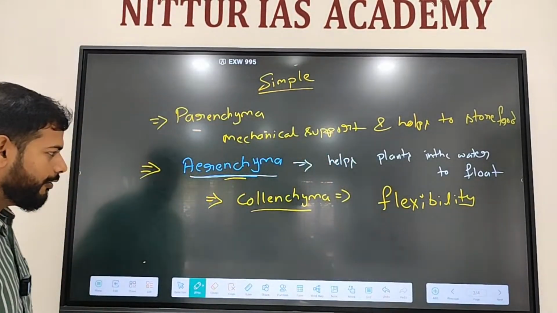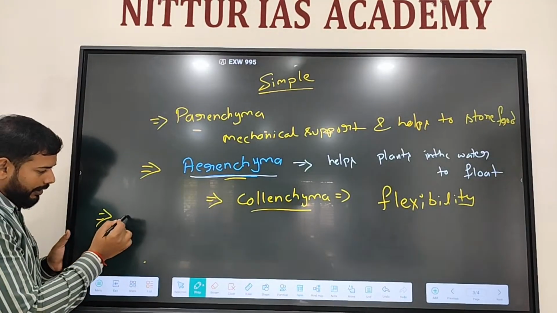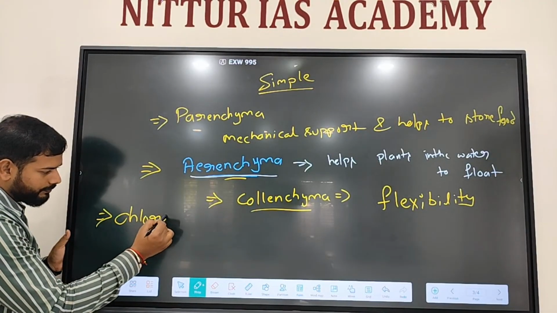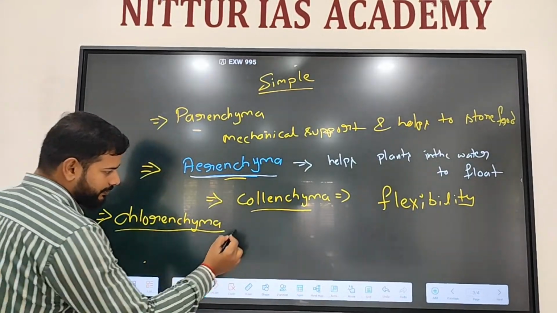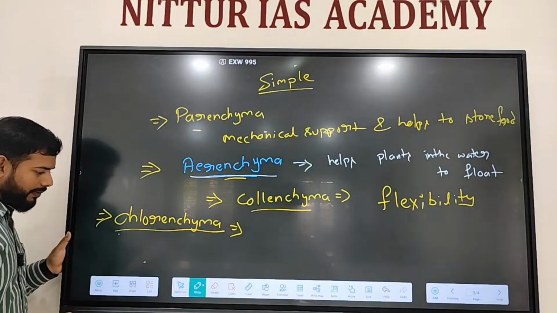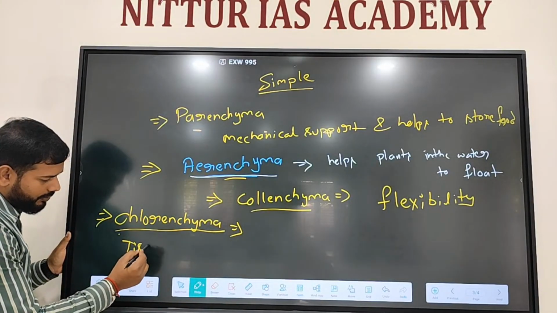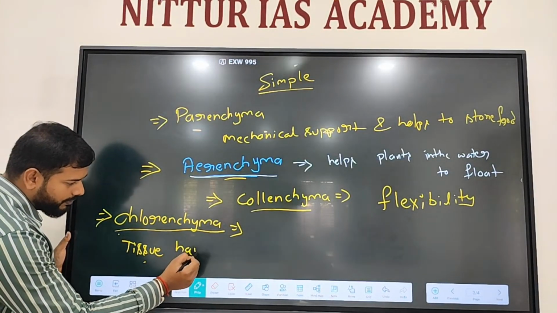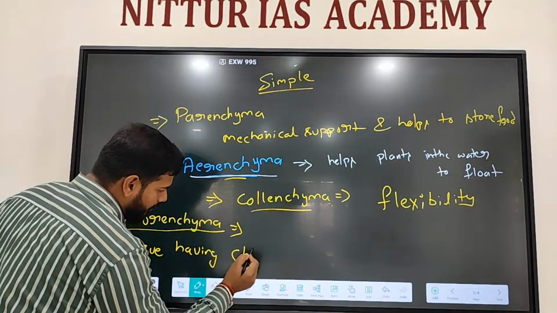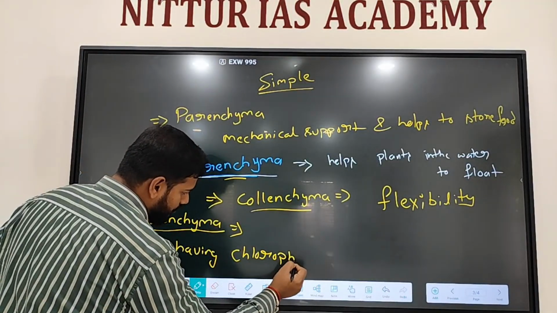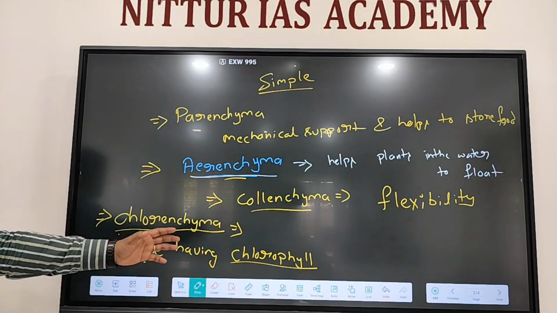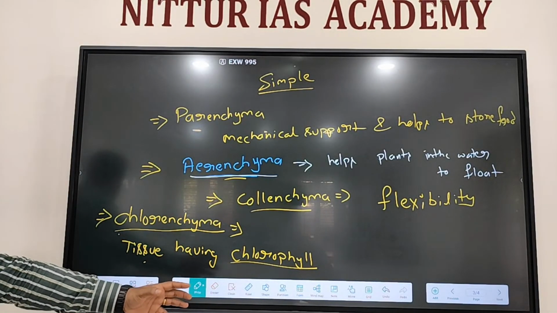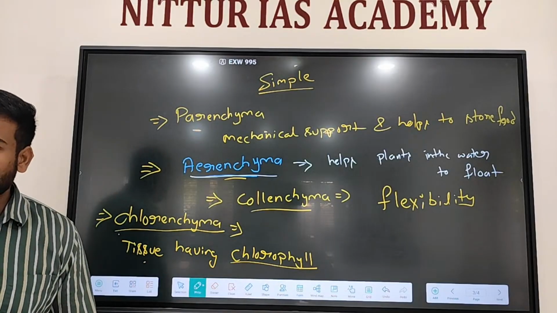Collenchyma, the tissue, gives flexibility to bend. Then we have chlorenchyma. Chlorenchyma means tissue having chlorophyll. Chlorophyll means the green coloring pigment which gives green color to the plant.